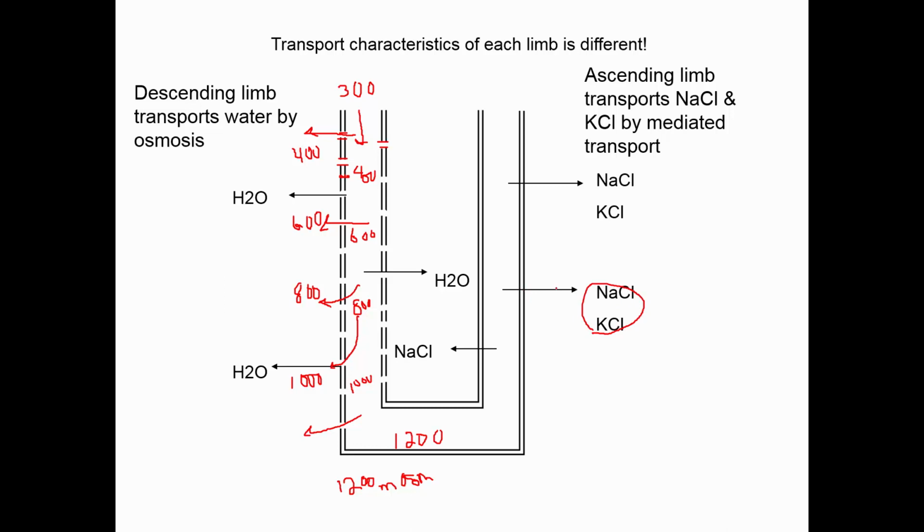So as the ions are removed and whatever water is left behind, and we pump out more sodium and chloride, but the water is left behind, then by the time we leave, the osmolarity may be around 100 milliosmolar. We've actually become hypotonic.